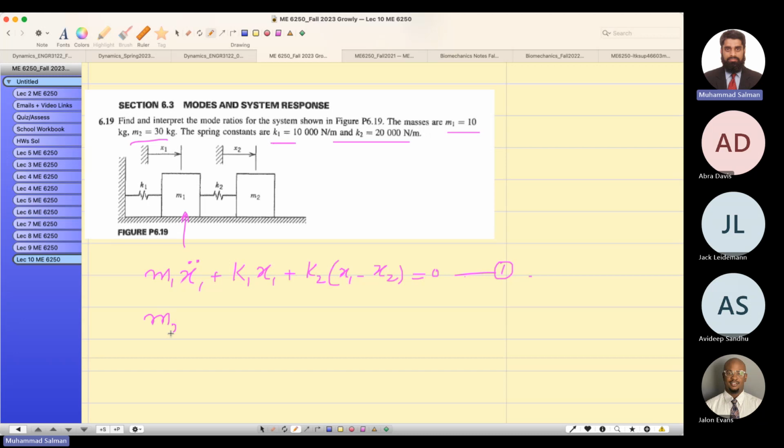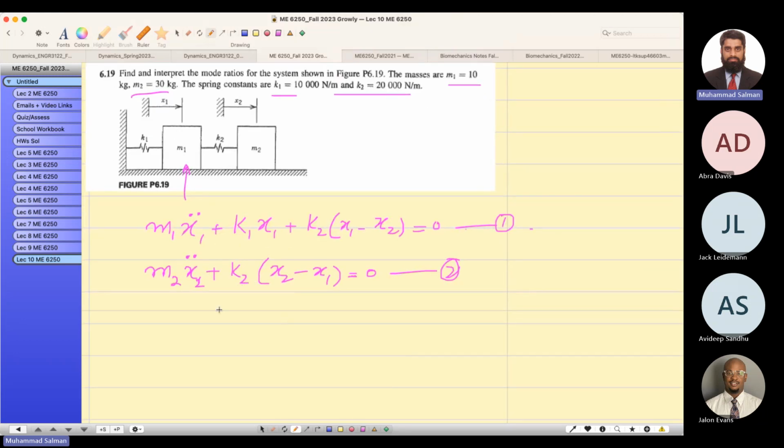For the other equation, now the second thing which you have to do, replace this x1 by a1 e to the st. So imagine x1 equals a1 e to the st, and x2 equals simple harmonic motion with their amplitudes. Agreed? So I can replace them to find out the equation.